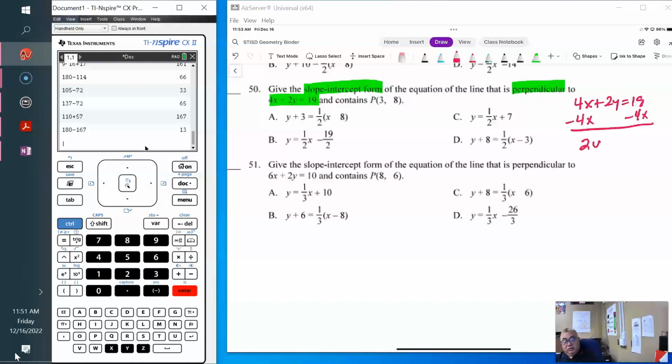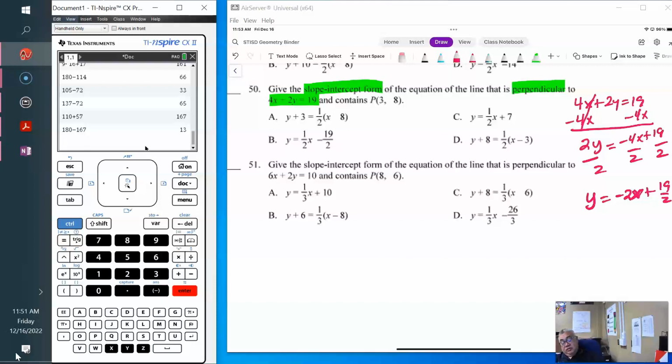Subtract 4x, so you have 2y equals negative 4x plus 19. Next, you divide by 2. So y equals negative 2x plus 19 over 2. You notice that the slope is negative 2.